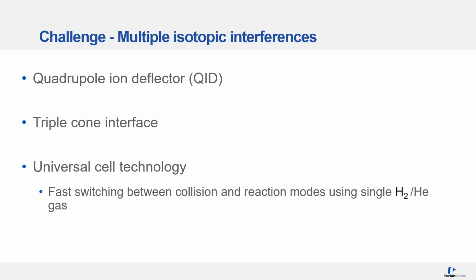There are three key aspects of the NexION ICP-MS design that allow us to overcome and identify these interferences. Our quadrupole ion deflector, our triple cone interface, and our universal cell technology will all aid when dealing with multiple isotopic interferences on a given mass. In the coming slides, I will cover each aspect individually.